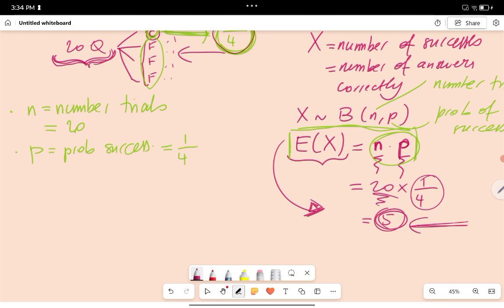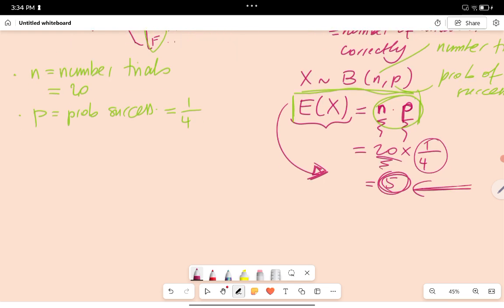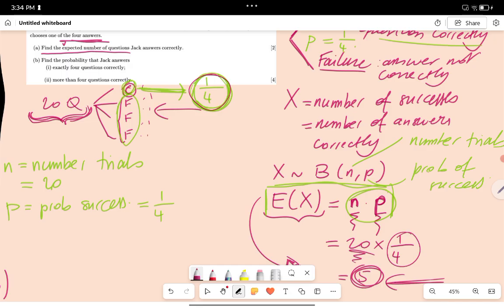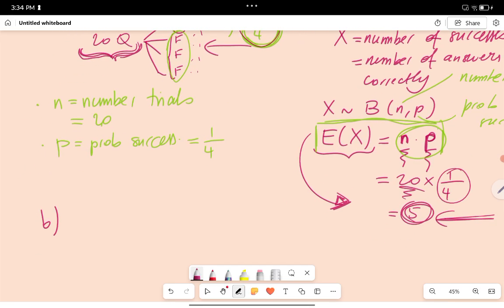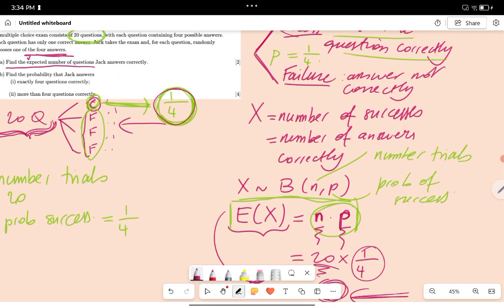All right. And then B. What is B? Find the probability that Jack answers exactly 4 questions correctly. Well, now we've done the hard work. We've denoted X is the number of correctly answered questions.